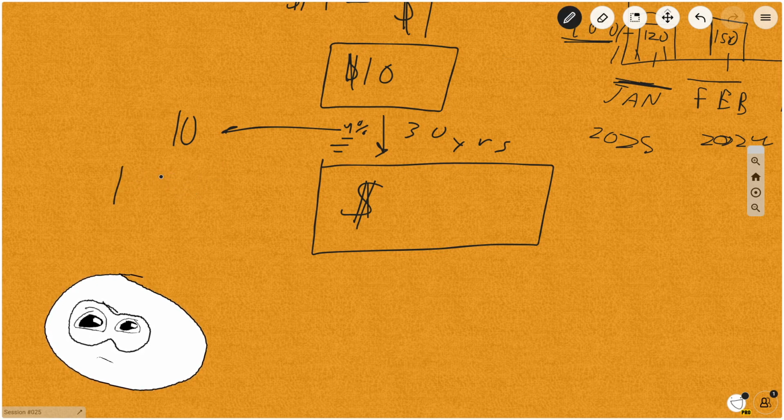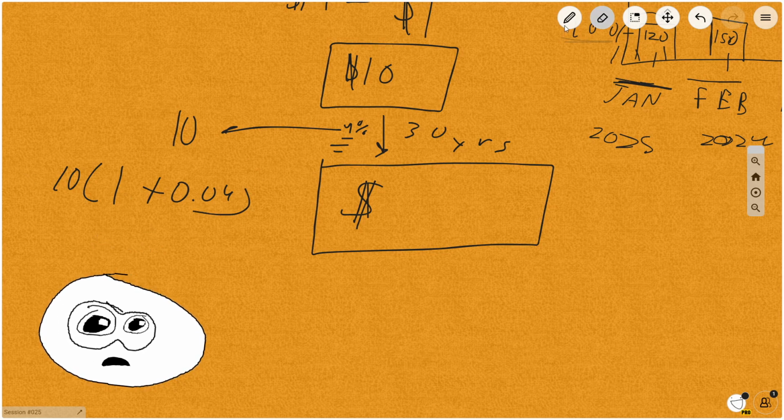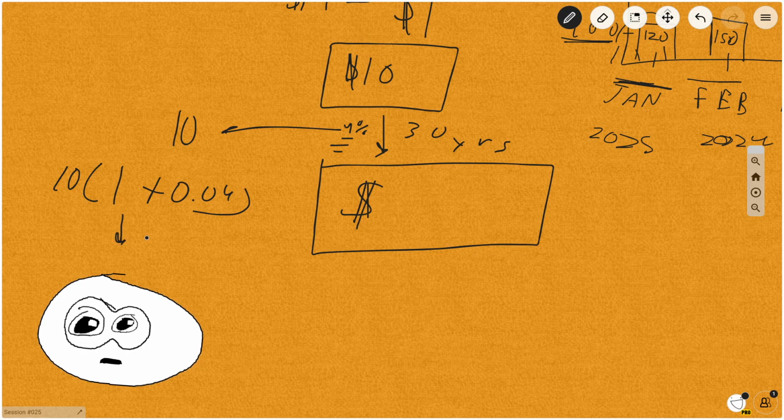1 plus 0.04 times 10. There we go. So that'd be 10 plus, well, let's just leave it like that, because then what happens is that this gets nested.